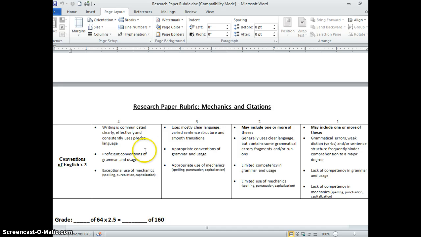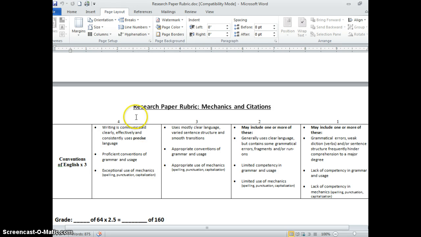Conventions of English, again, I'm really hoping, and Mrs. Linsky I'm sure would agree, that you do spend time with editing the paper, looking at varying sentence beginnings, looking at diction, looking at mechanics, and if you're not sure about this, please have somebody that you feel might have some expertise in just proofreading a paper.